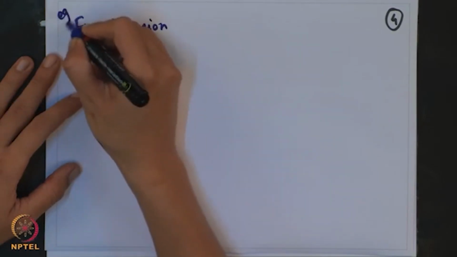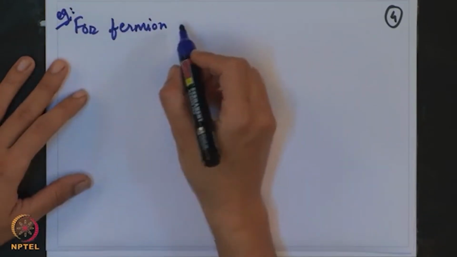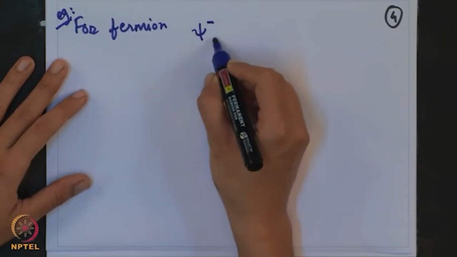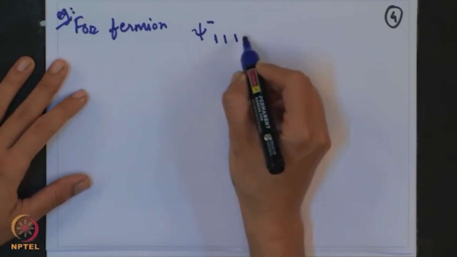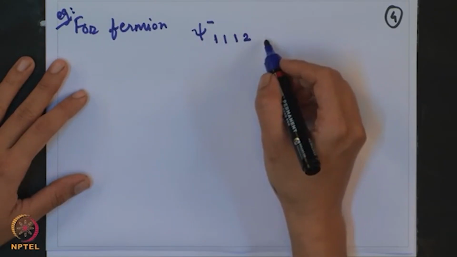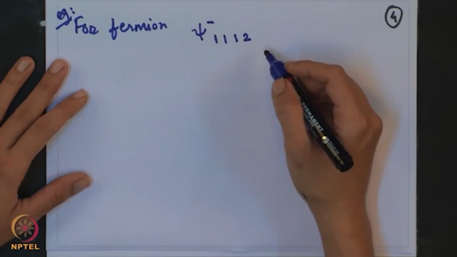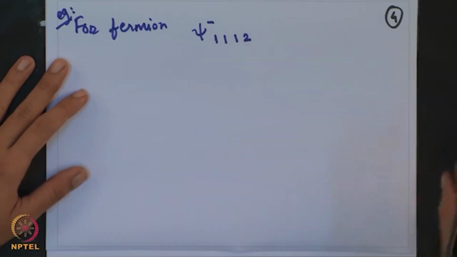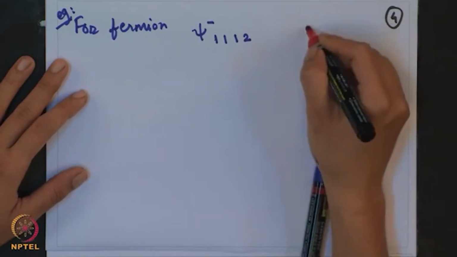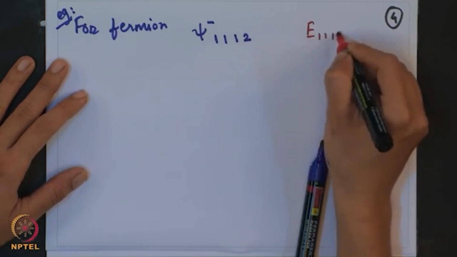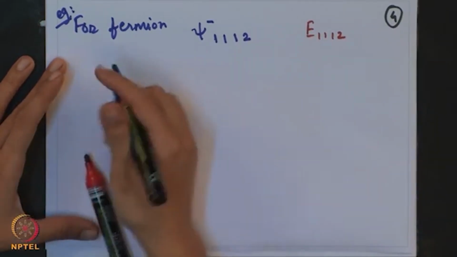As an example, just for fermions, you can try this. For fermions, if a wave function psi minus 1 1 1 2 is given to you, then what will be the possible energy? So you calculate E 1 1 1 2. What do you get?